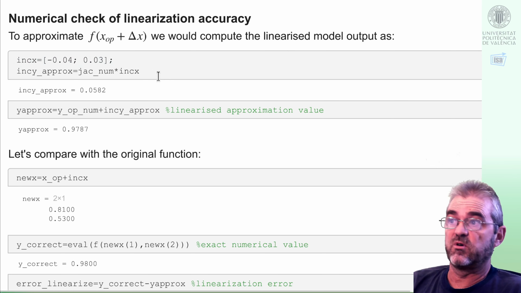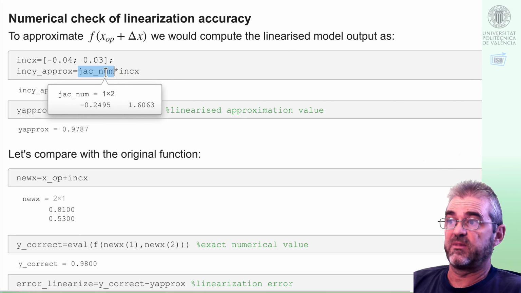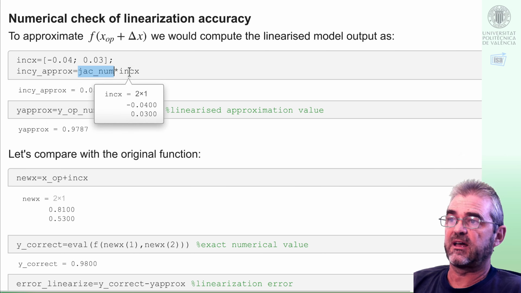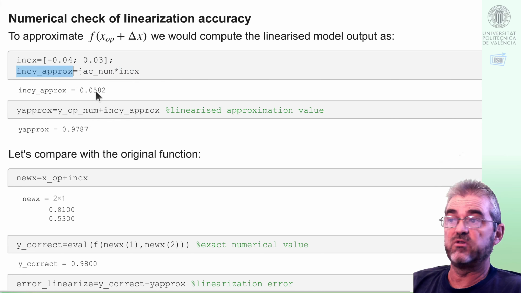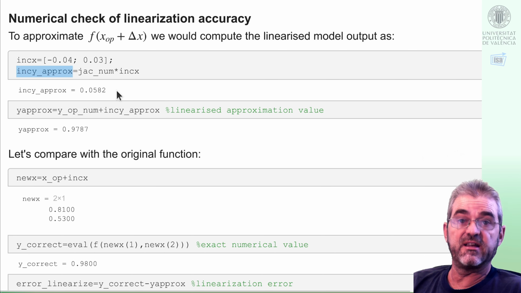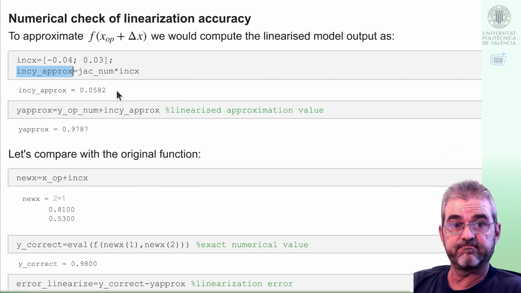So the linearized model is just multiplying the numeric Jacobian 1 times 2 times the column vector of increments, and then that will give me 0.0582 as the approximation of the increment of the function.